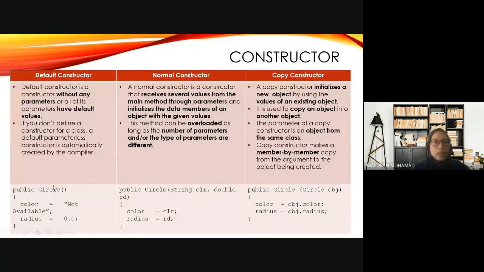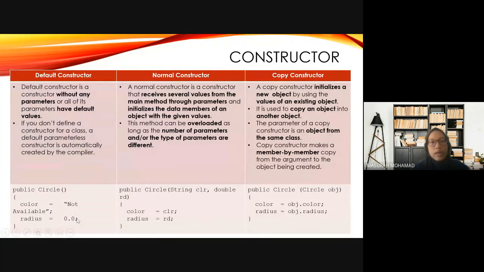So, and then what else? Constructor ni dia kata tadi, default constructor is a constructor without any parameters. So in this case, actually the Circle contains 2 attributes, color and also radius. So lagi satu, dia declare the color and radius ni, they give a default value, not available and radius equals to 0.0.